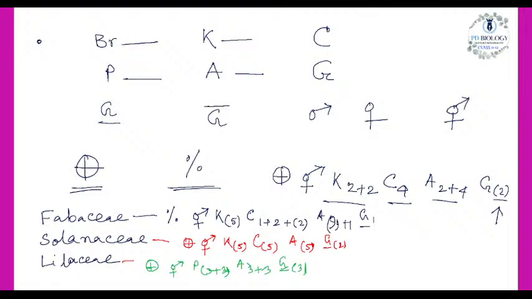So bisexual, actinomorphic, tepal, the unit of the perianth is tepal. Tepals are 3+3, often united into a tube. Stamens are 6 in 2 whorls. Gynoecium tricarpellary, syncarpous, superior, trilocular with ovules. So remember this one.